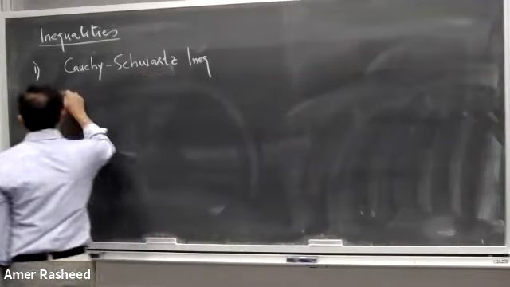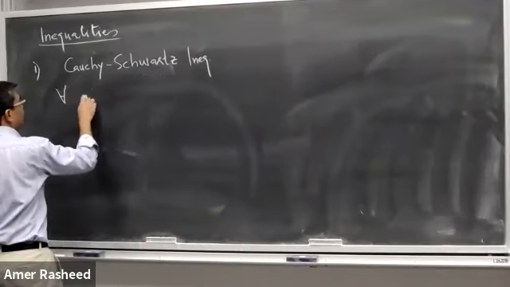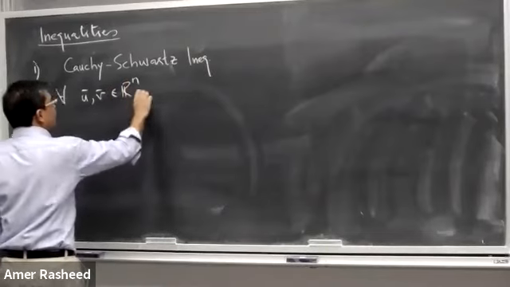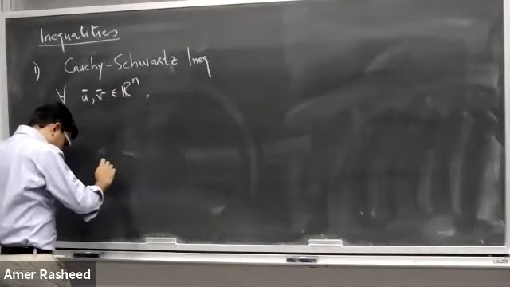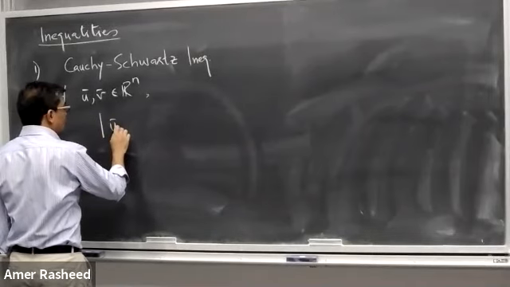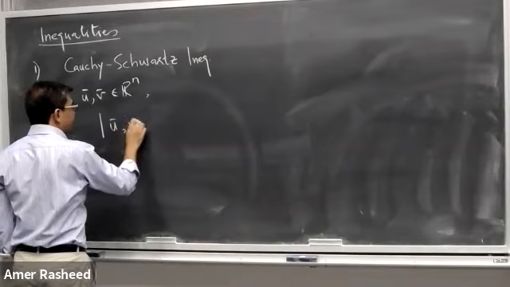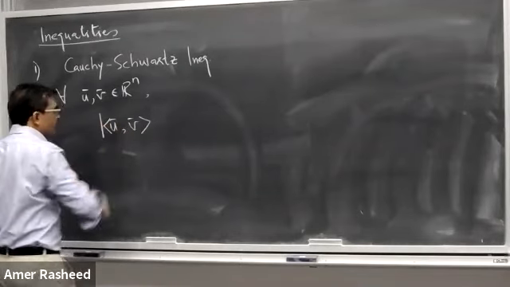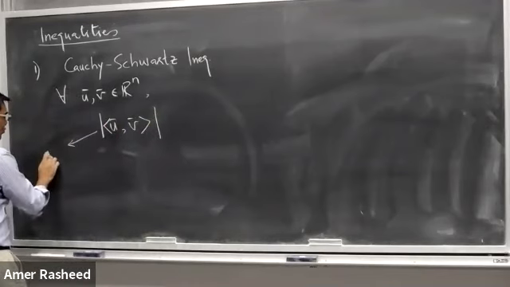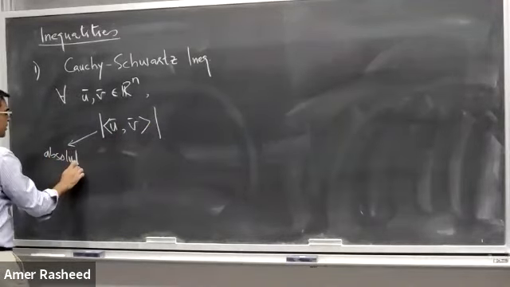What does this Cauchy-Schwarz inequality tell us? That for all u, v belonging to Rn, we have this expression: the absolute value of the inner product of u comma v. This is the absolute value, it's not the length.